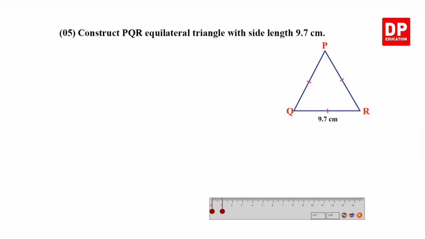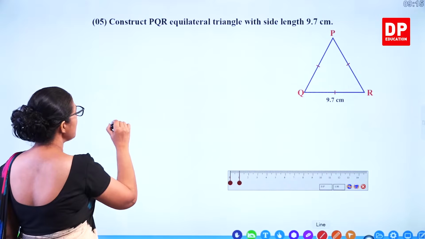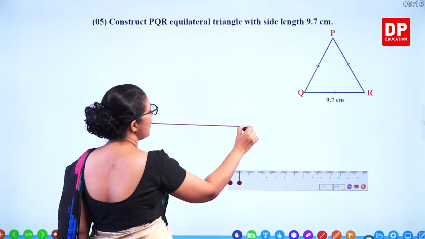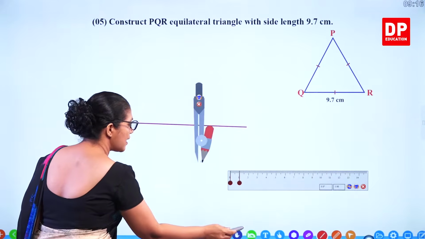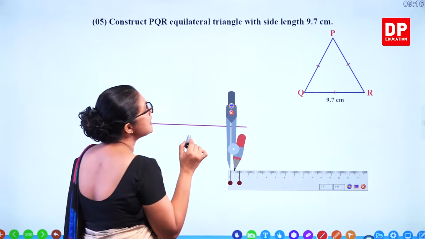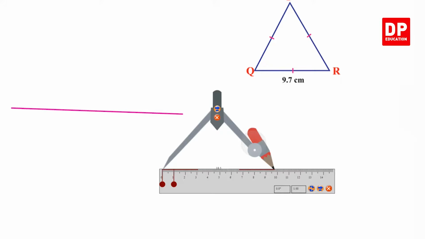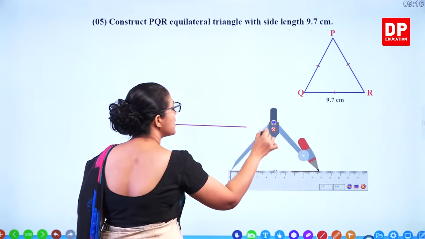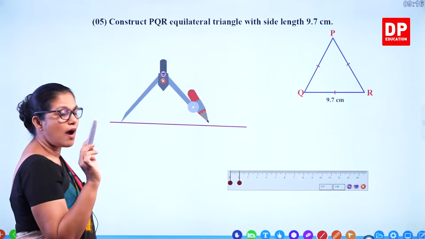Construct PQR equilateral triangle with side length 9.7. You have to do the same thing, but now the side length is 9.7. So take any length and take the compass and measure 9.7 centimeter length. Then what you do, you take the compass and keep on the line and you can mark 2 arcs.